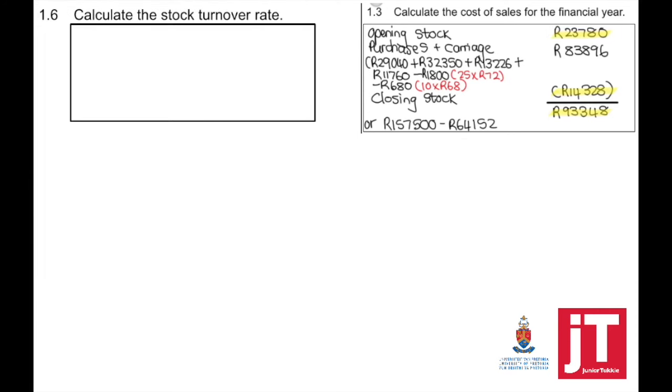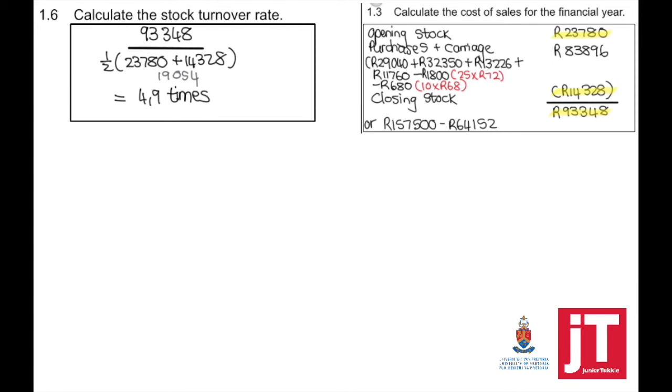To calculate the stock turnover rate, so how many times per year do we need to turn over our stock? We have to take the cost of sales divided by the opening stock plus closing stock divided by 2.